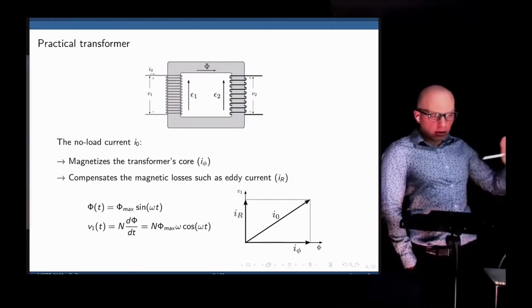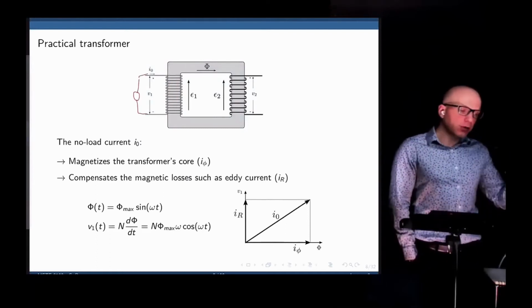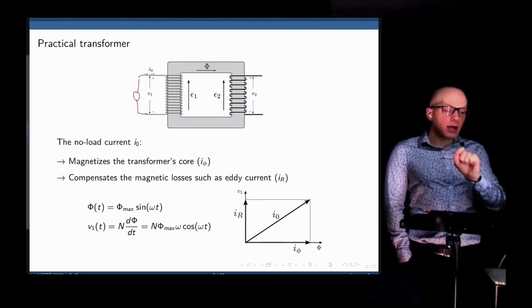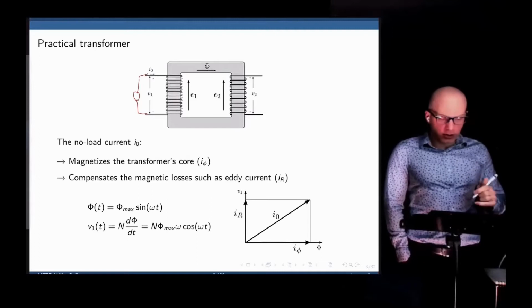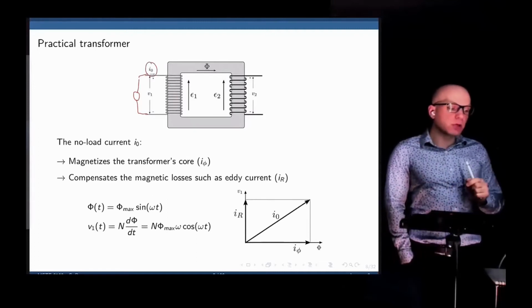If you attach nothing to the output of the transformer and simply connect an input voltage here with nothing in the output, unlike the ideal transformer, there will be a current flowing in. This current, we'll call that I0, is the no load current, and this is responsible for two things.